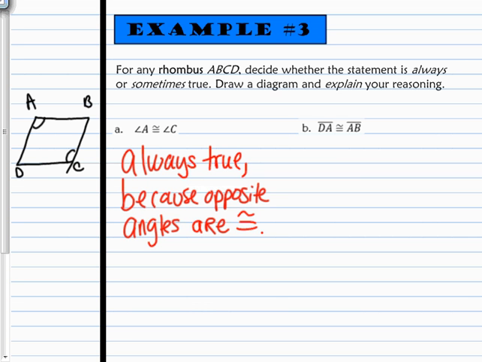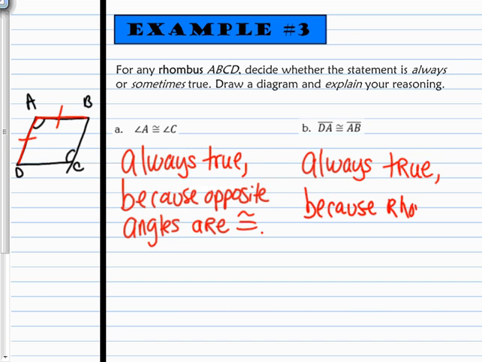The next question says DA and AB. Are they congruent to each other? DA and AB. Yes, that would be always true. And why would that be always true? Well, rhombuses, look at your first bullet point under rhombuses.